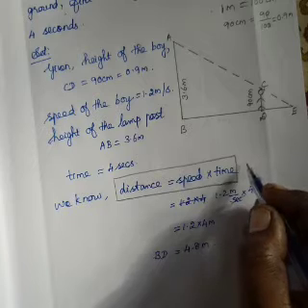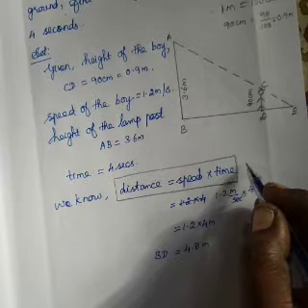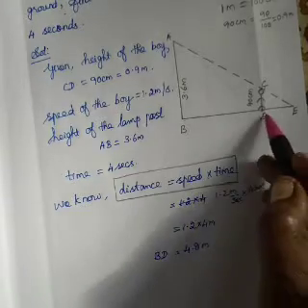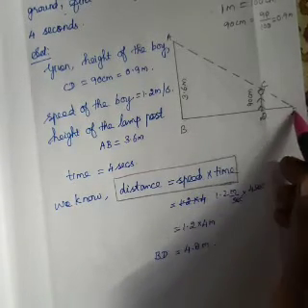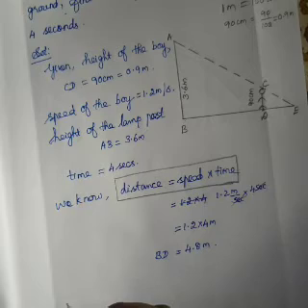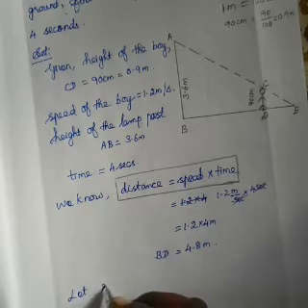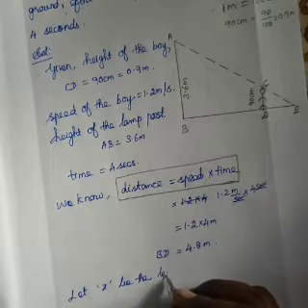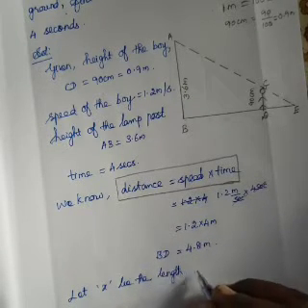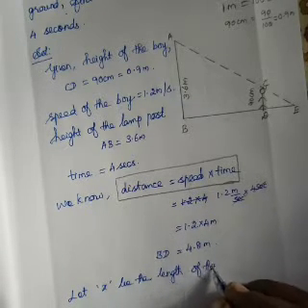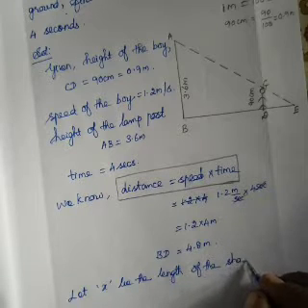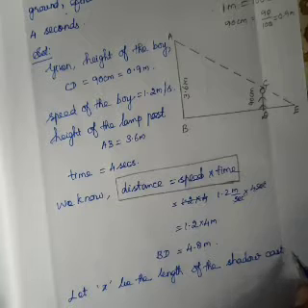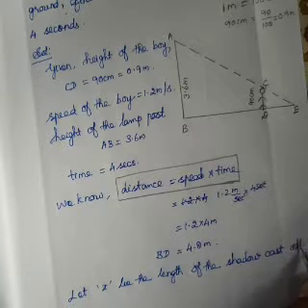From the diagram, we can write it as BD length. Now we can consider this DE length, that is the length of the shadow, as X. Let X be the length of the shadow cast after 4 seconds.